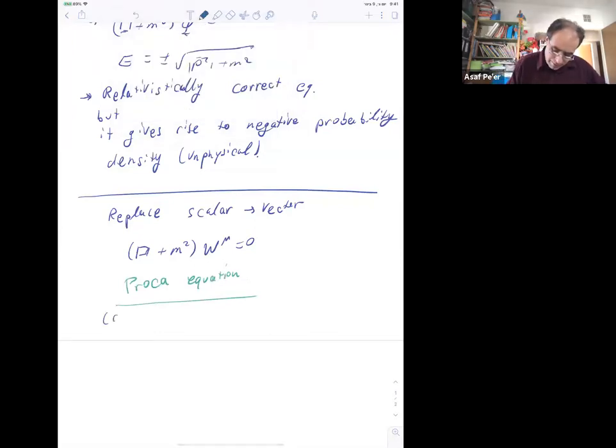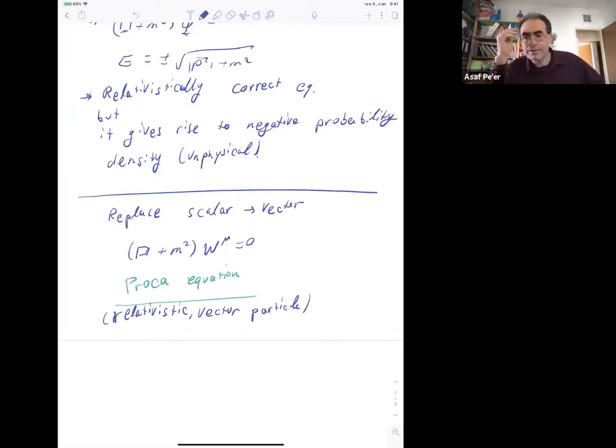It describes a relativistic vector particle. Now we know of two like that. These are the W and Z bosons. Well, actually 3, right? These are relativistic, massive vectorial particles.